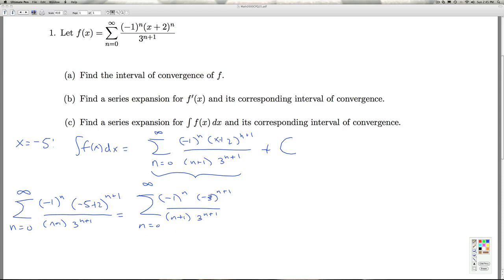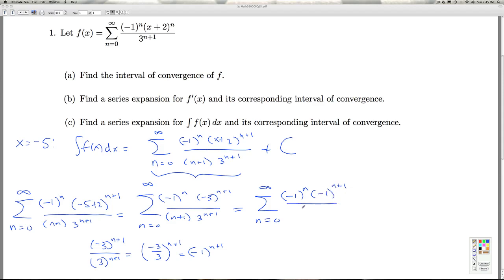And so once again, I've got the same exponent on these 3's, and so I can take advantage of that to simplify. That's -3 over 3 to the n plus 1, which is (-1)^(n+1). So I get the series n equals 0 to infinity, (-1)^n (-1)^(n+1) over n+1.